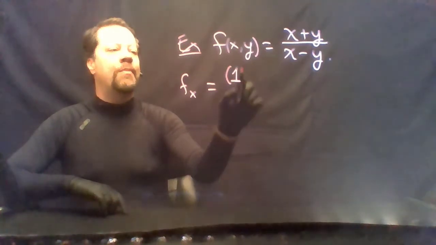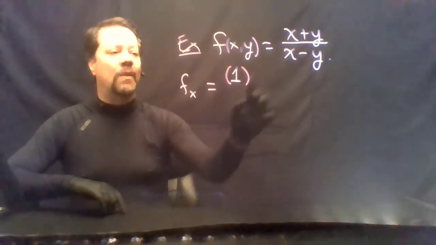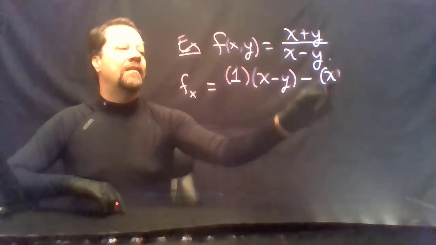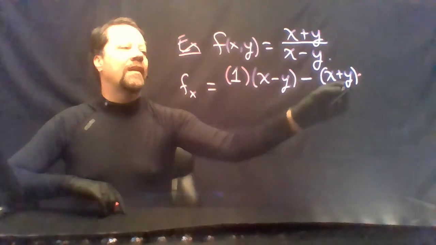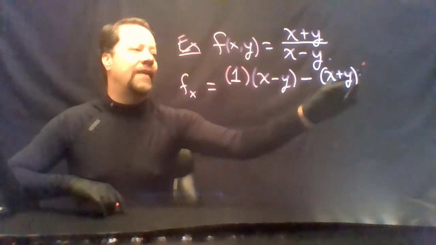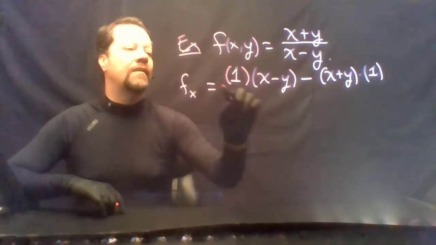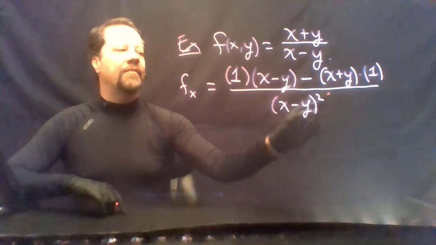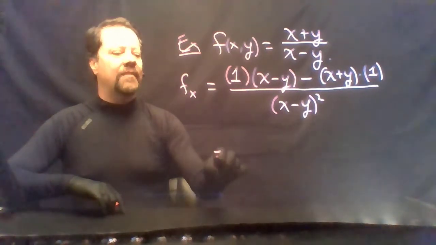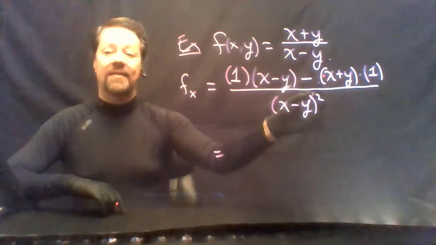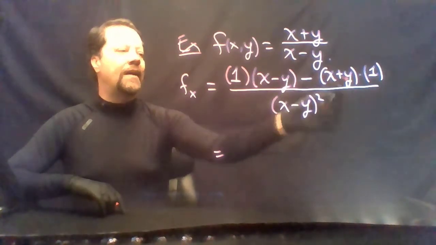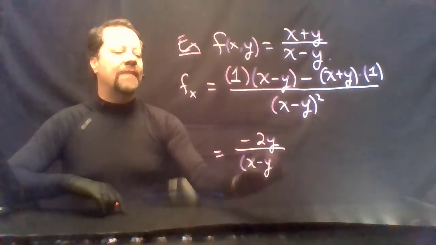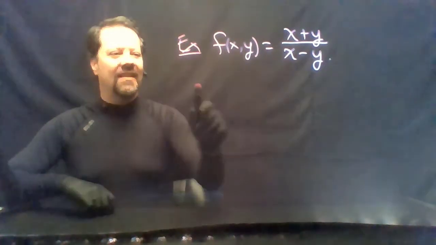The derivative of the numerator with respect to x is 1 times the bottom minus the top times the derivative of the bottom with respect to x, and that is 1, divided by the bottom squared. This simplifies. You can see that we'll have x minus x. The x's go away. We'll have a minus y, that's minus 2y, over x minus y quantity squared.